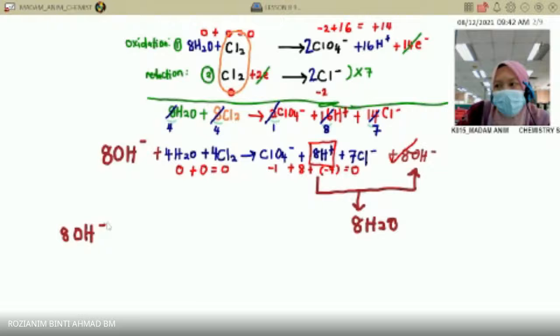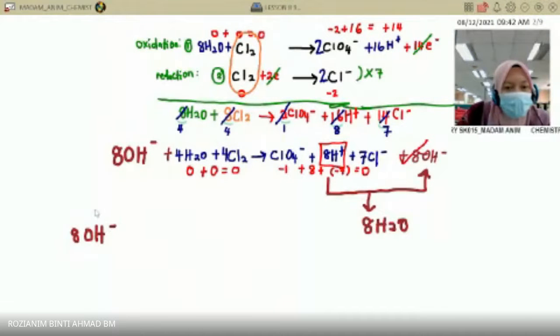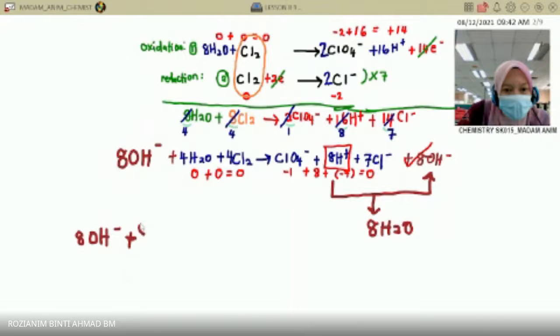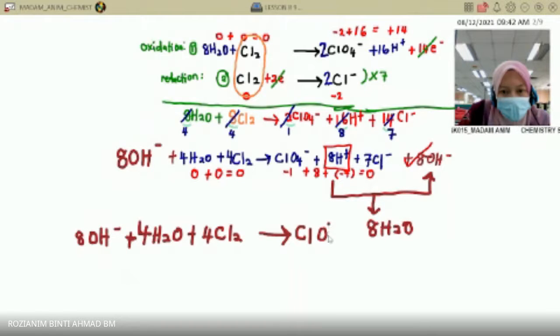Okay. So we have 8 OH minus plus, and we have the 4H2O. And then we have a 4Cl2 produce ClO4 minus plus 8H2O and remaining 7Cl minus.